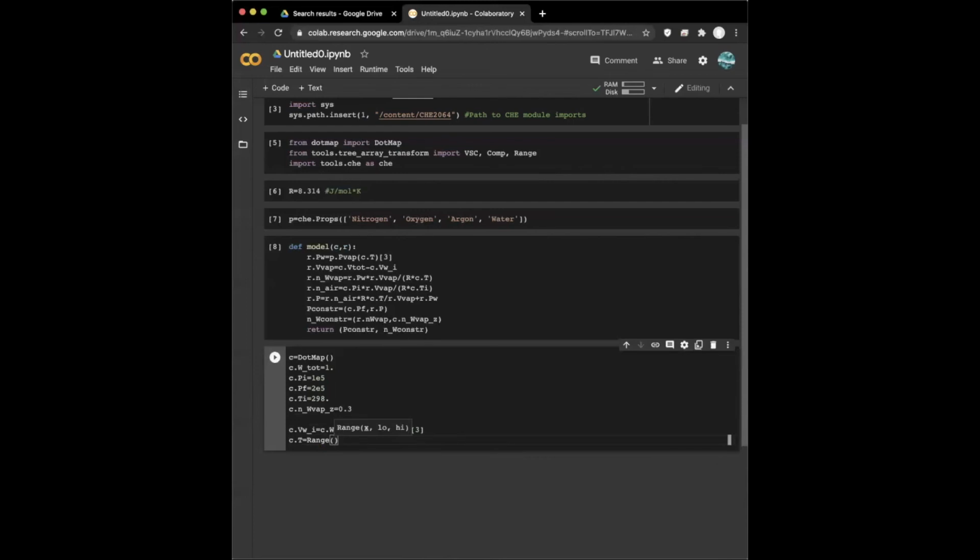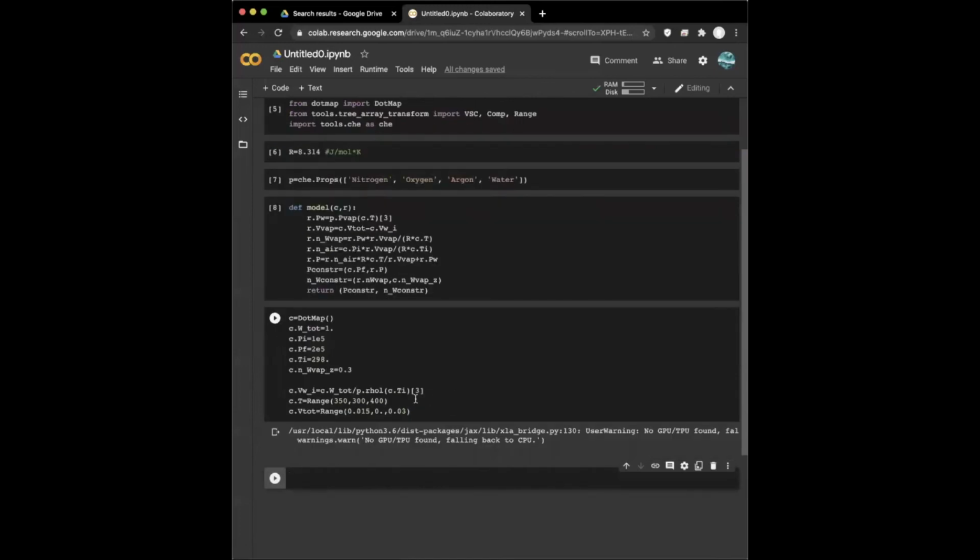So let's say 350. Our low, let's go with 300. Our high, let's go with 400. And then we're also going to do the same thing for our total volume. We're going to make it into a range. So let's say 0.015 for that. Our low, let's put 0. Then our highest, let's put 0.03. So run that.